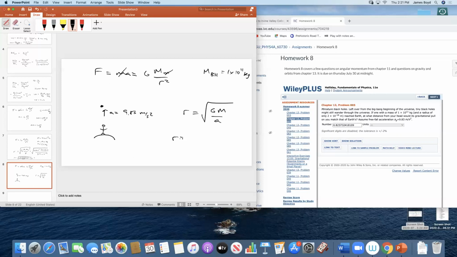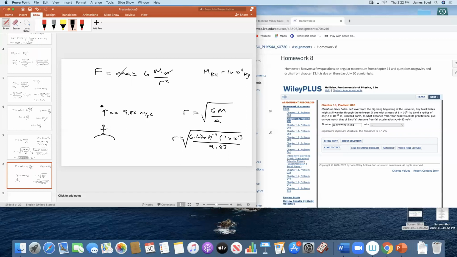They call it g, which is good. So notice this is 6.67 times 10 to the minus 11 times 1 times 10 to the 11th. And again, you add the exponents if they're being multiplied. So 10 to the minus 11 plus 10 to the 11th is 10 to the 0, or 1. So really, this is 6.67 divided by 9.83.